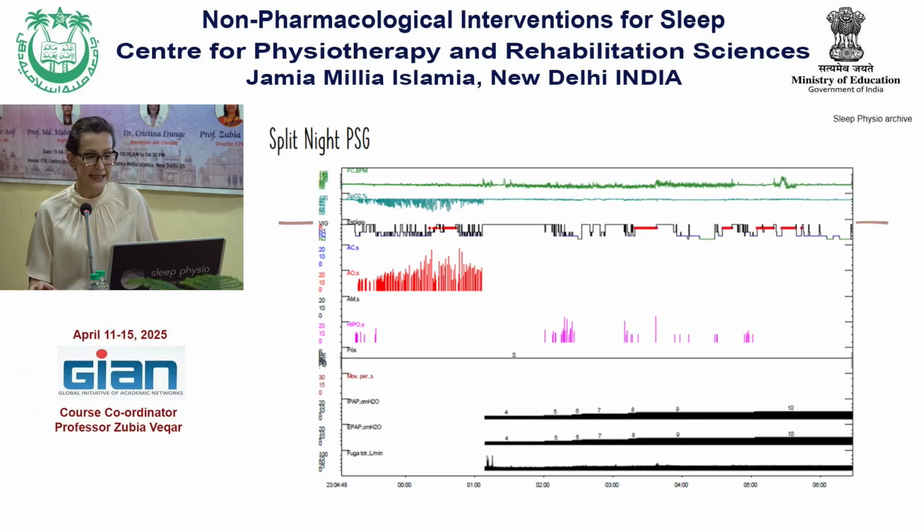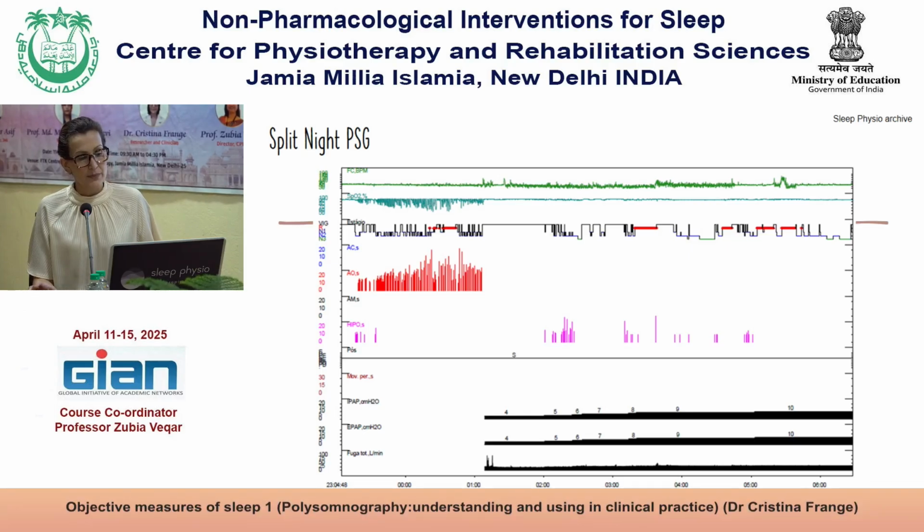Here we can immediately see that until 1 o'clock in the morning we had the baseline. We had the saturation, the patient turning in N1 and N2 sleep, trying but not getting REM sleep, lots of obstructive events in supine position.